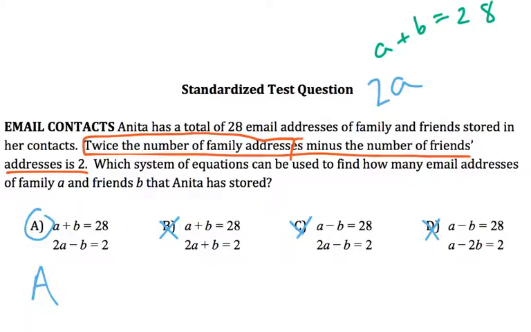And then the next word I read is minus the number of friends addresses is 2. So I'd minus the number of friends addresses, which is stood for by B, and then that's going to be 2. So if I wanted to just come up with the answer, I could as well.